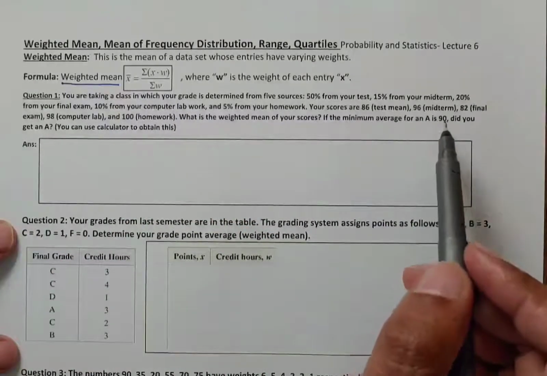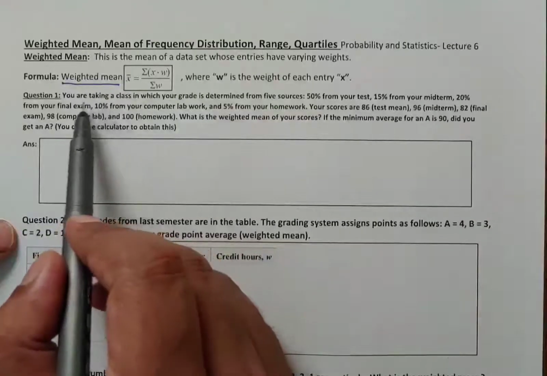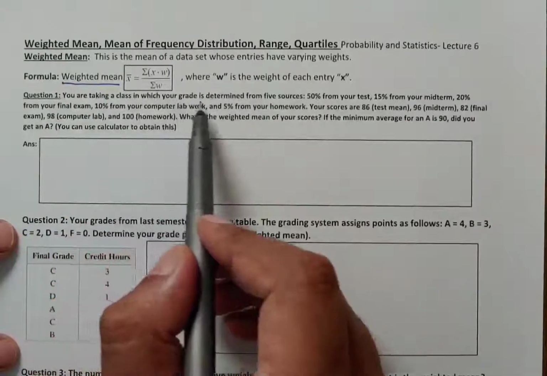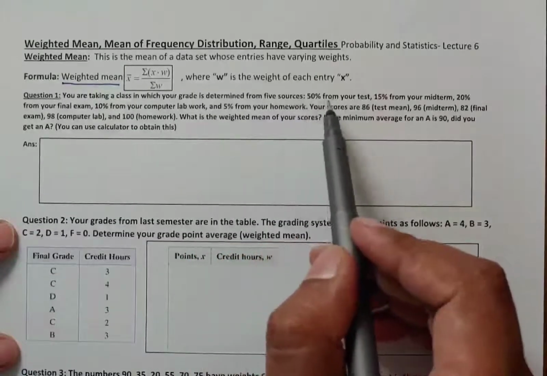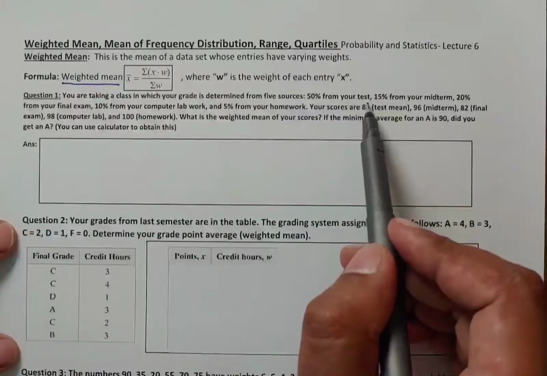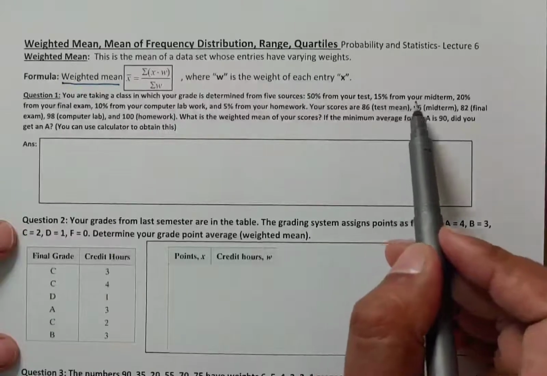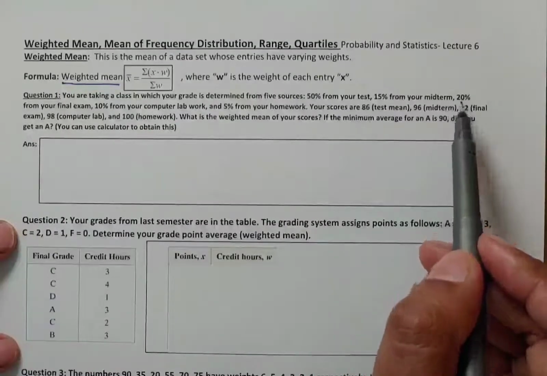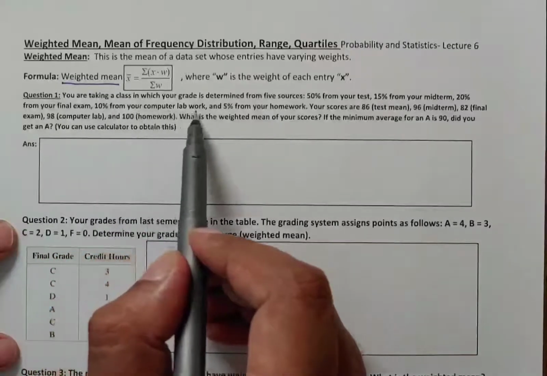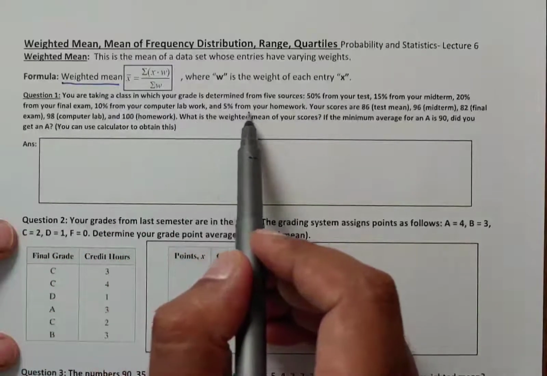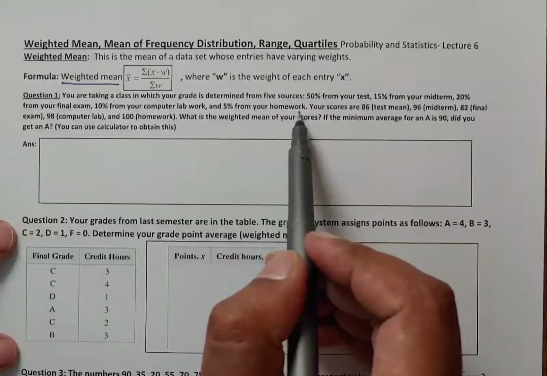Let's say you are taking a class in which your grade is determined from 5 sources: 50% from your test, 15% from your midterm, 20% from your final exam, 10% from your computer lab work, and 5% from your homework.